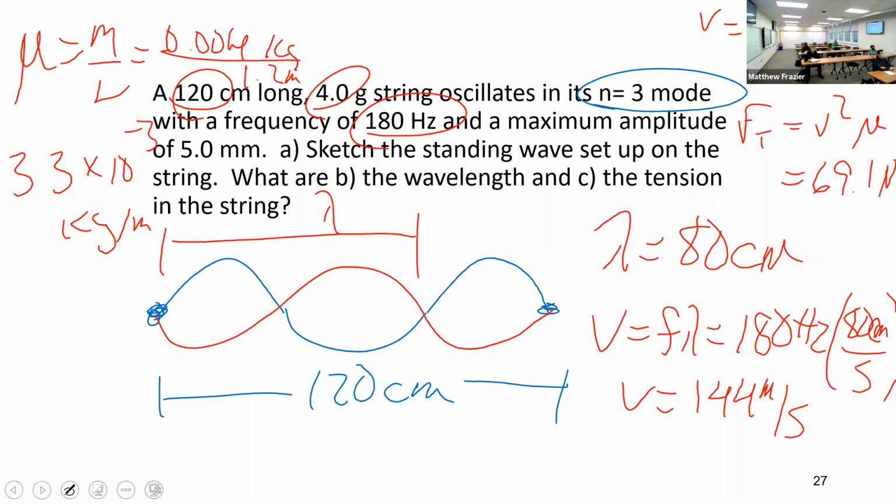And so that means you want the velocity from the material properties, or it's given to you, and you want the wavelength, identifying it from the sketch, or identifying it from the fact that n equals 3 and the string is 120 centimeters. You can work out that it's 3/2 of a wavelength on the string, so you can work out what one wavelength is.